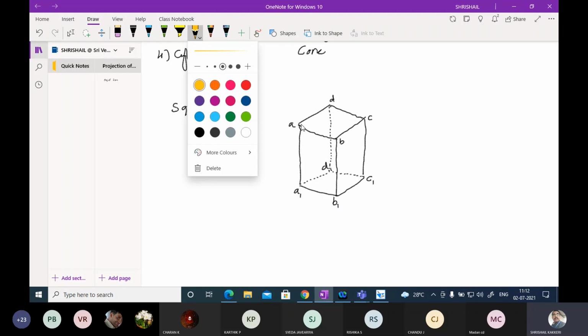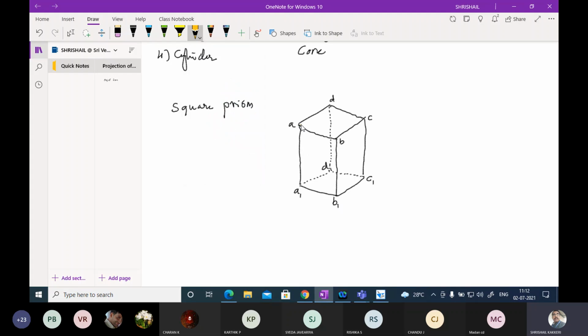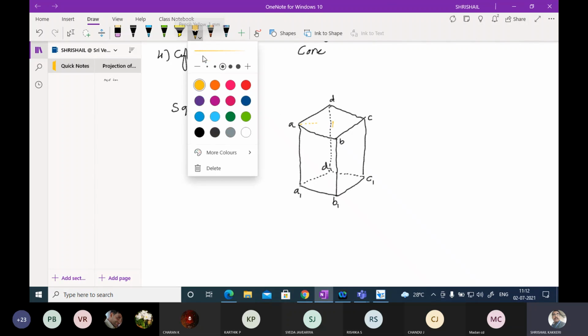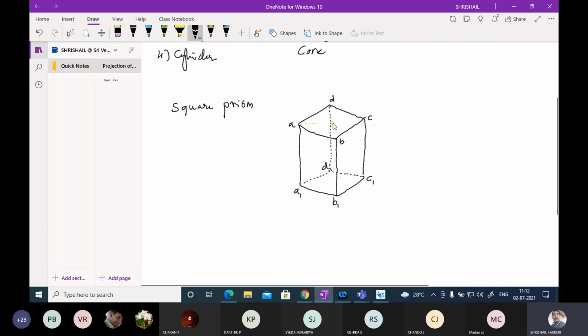If you draw the diagonals and they intersect at a particular point, that point is called the axis. It is called axis.